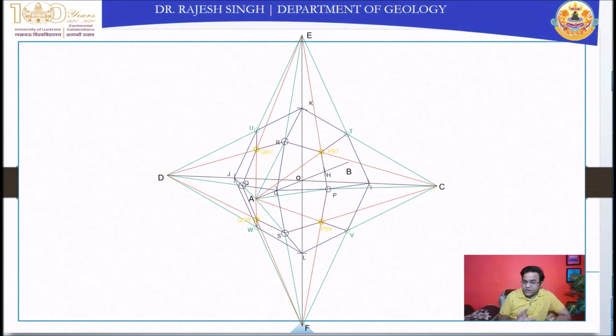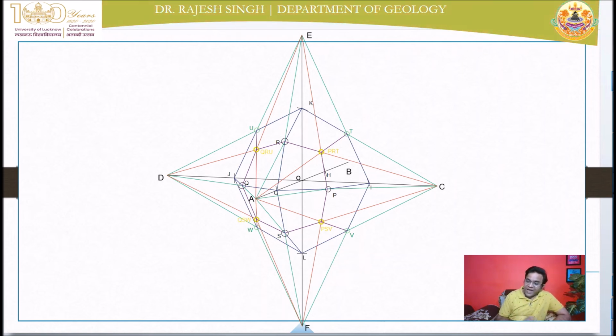This is only due to the perspective, and another way, this is only in clinographic when we are transferring from a 3D model to 2D. Okay, but actually OG, OE, OJ, OK and OL, OH all are of the same length, and similarly OD, OC, OA, OB, OE, OF are of the same length.